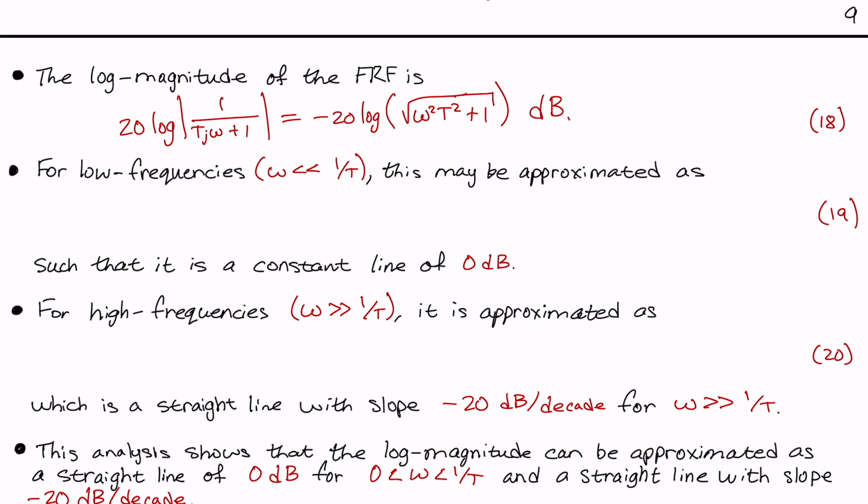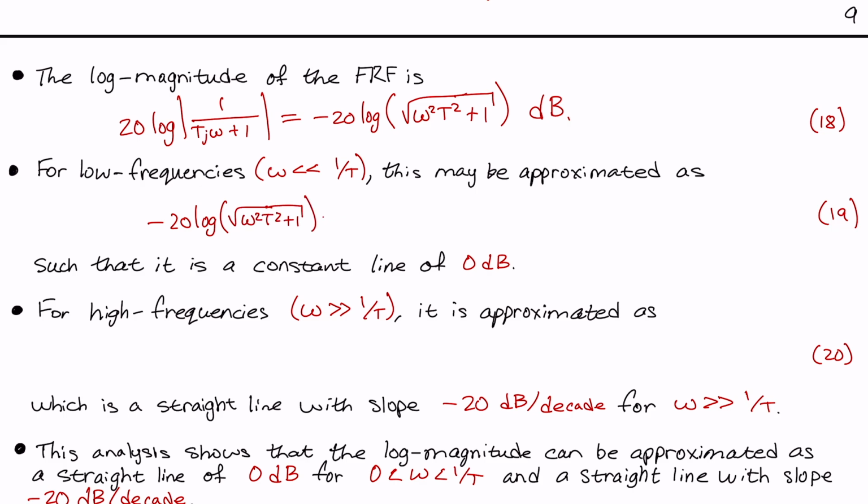Okay, using this expression, we can now look at some asymptotic expressions and do some approximations. So first, at low frequencies, which is omega much, much less than 1 over T, we can approximate the expression above as minus 20 times the log of the square root of omega squared T squared plus 1.